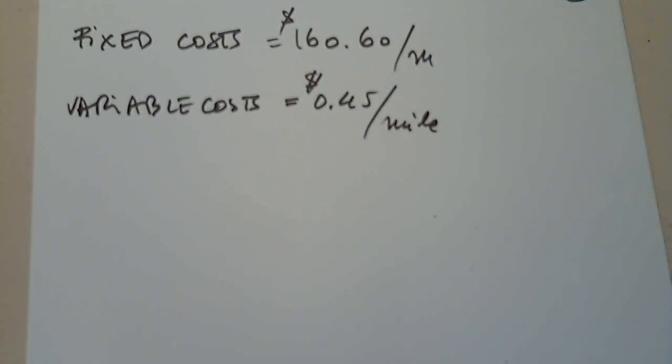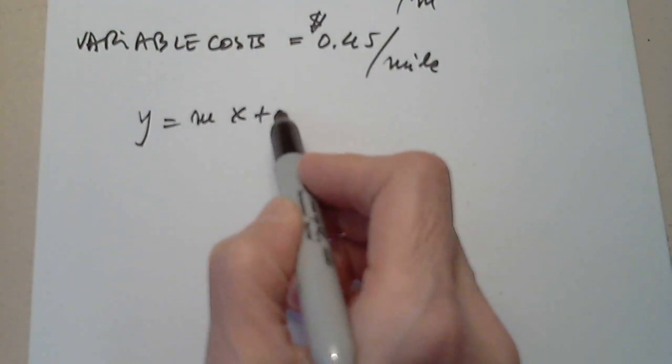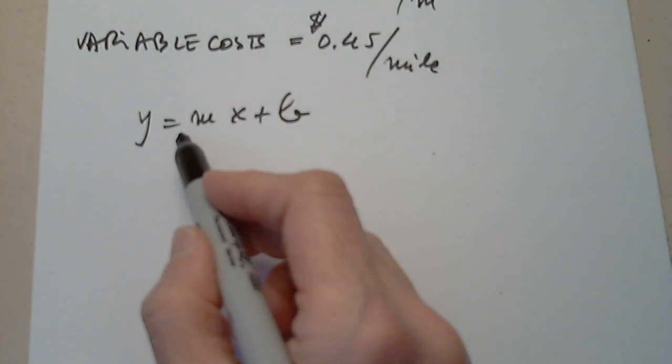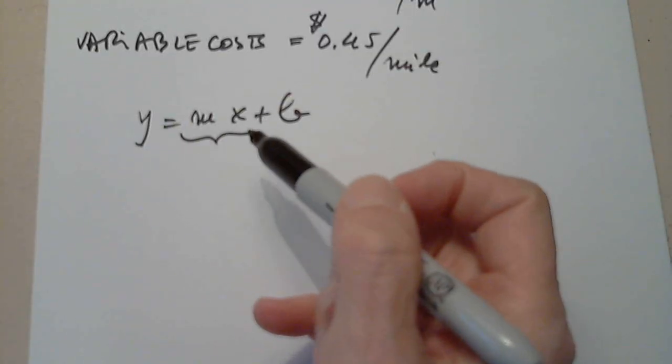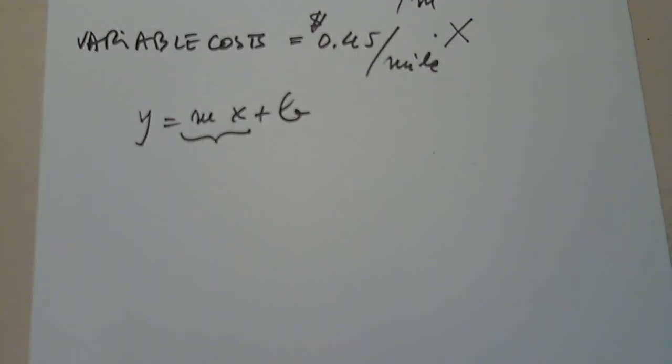Find values for the slope and the y-intercept in the equation y equals mx plus b that models the monthly cost of driving, and then what does the value of b represent? Good. So we need to come up with an equation as y equals mx plus b. Of course, this is what the variable cost is all about, because we need to multiply by the number of units.